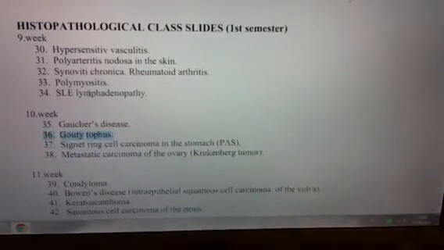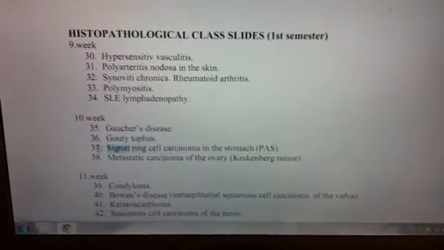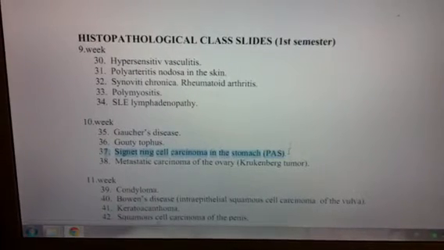We did that one. Number 37. Signet cell carcinoma of the stomach with the PAS stain. This is the way it looks. Okay, let's go in.